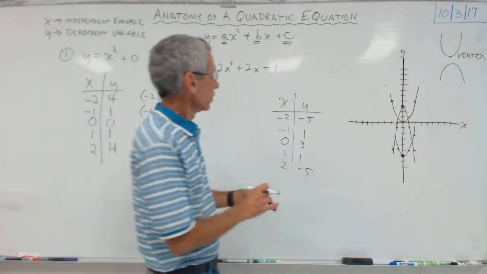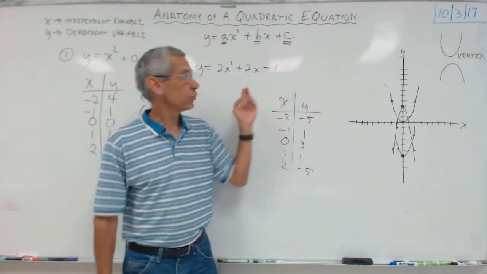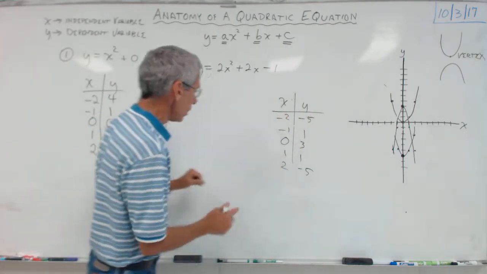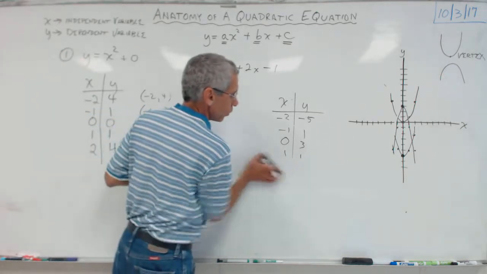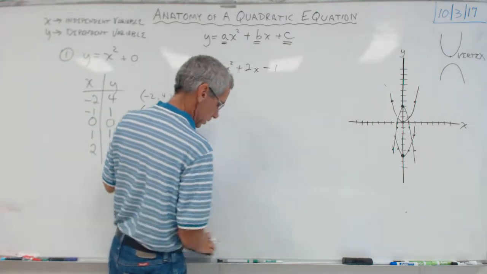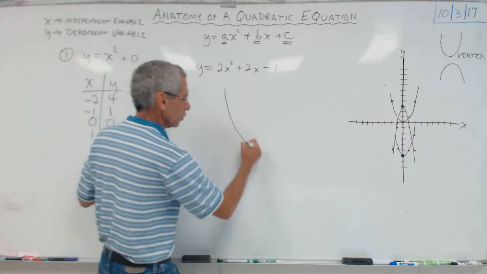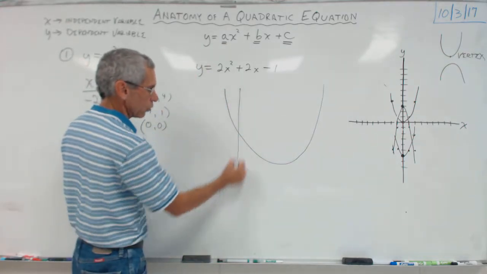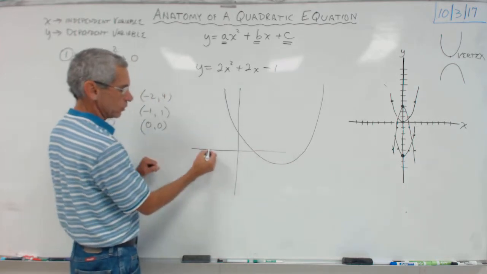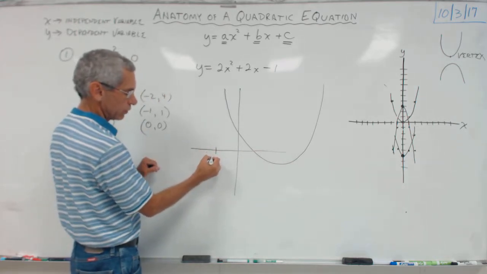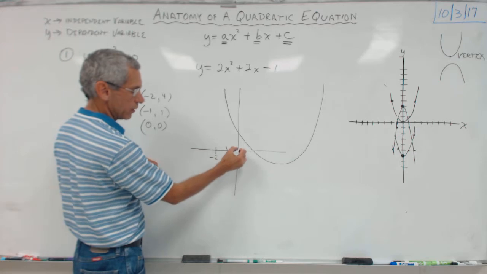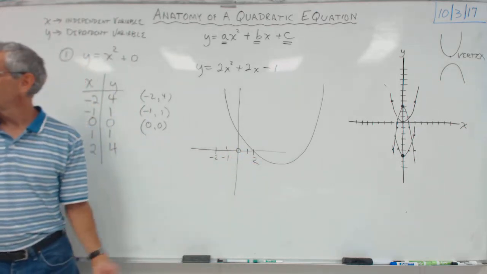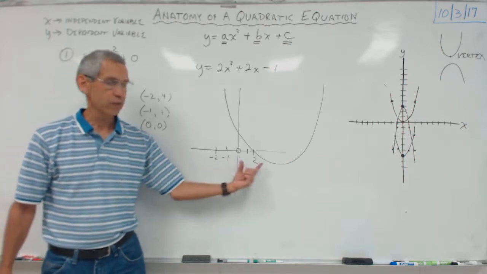Anyways, with this one, you're just going to use the t-chart the same way. The trouble is, if you don't know where to start the t-chart, and that's your parabola and this was your x and y axis, and you did negative 2, negative 1, 0, 1, and 2, you don't even know where it turns around yet.